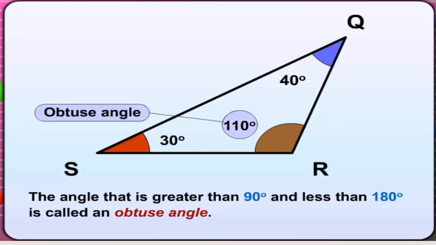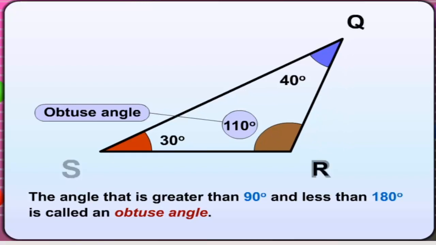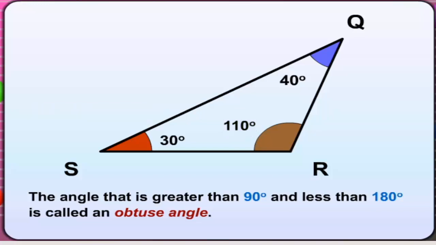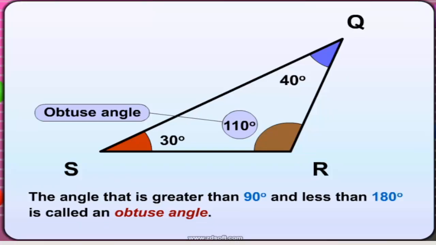Here, in the triangle QRS, the angle QRS is 110 degrees. So, the angle QRS is an obtuse angle.